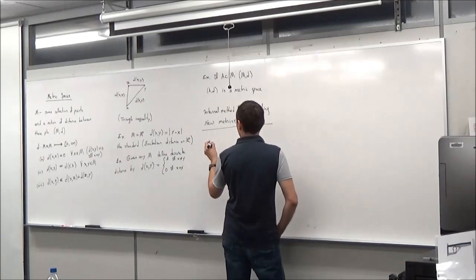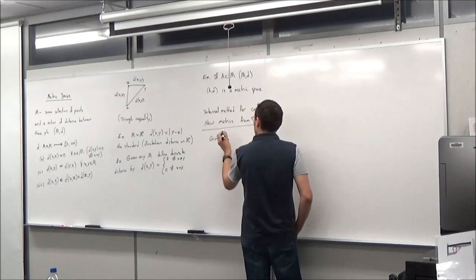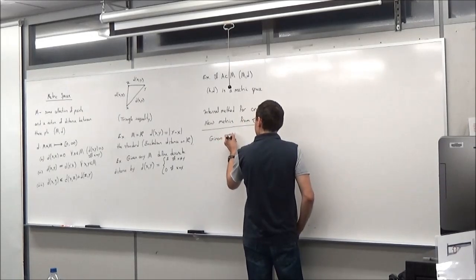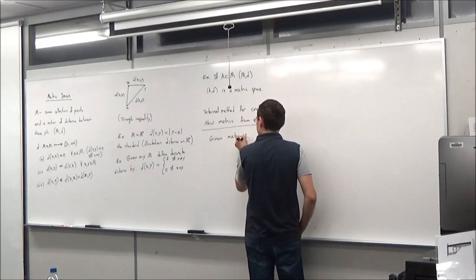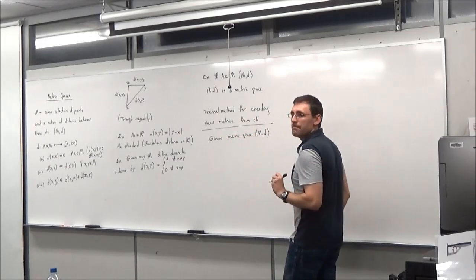So the idea is going to be the following. Suppose that I have a given metric space (M, d).